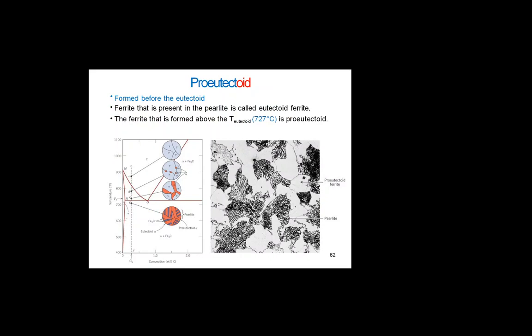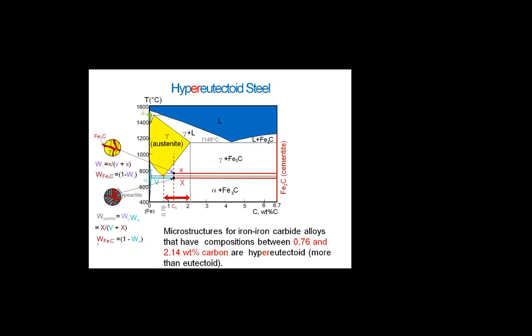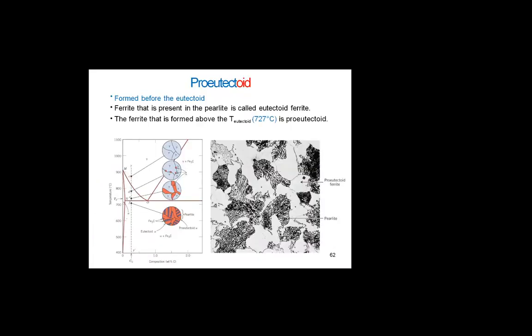In that scenario, now we are going to focus on the pro-eutectoid and the hypereutectoid steel. Before proceeding with the pro-eutectoid, let us see this figure. As you can see, we are considering the point F, which is below the TE line, the tie line from E, as we talked about in the earlier lecture to understand the hypoeutectoid.